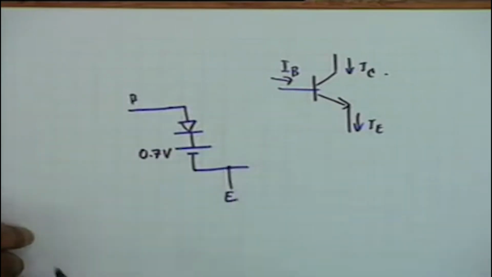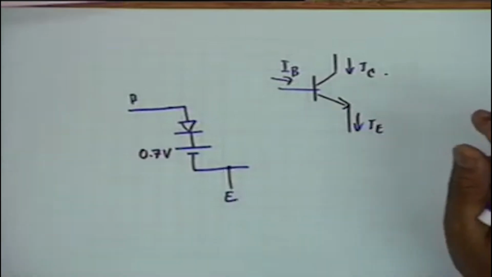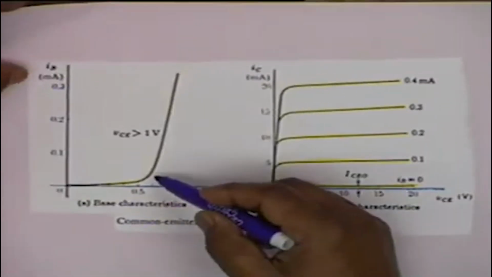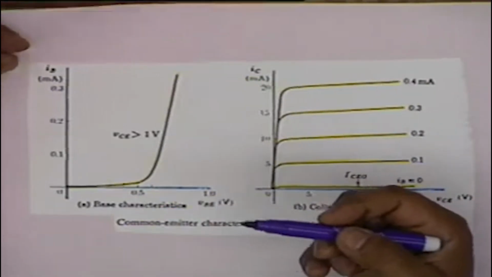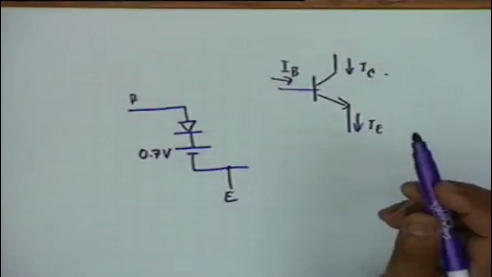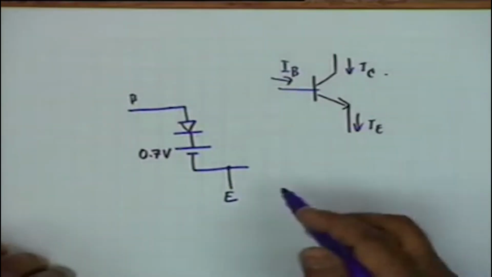If you are fussy, if you wish to incorporate the slope of this line, then you should add a small resistance here, which for the present we ignore.